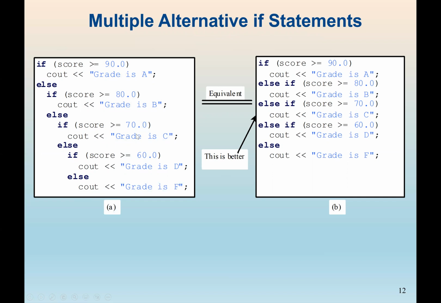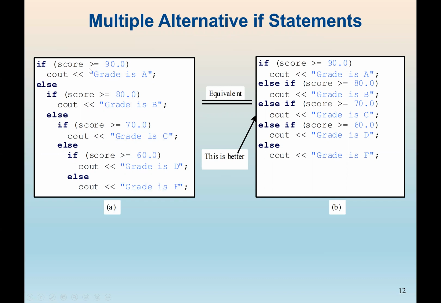So this is also the multiple alternative if statement. Now, if we have more than two conditions, for example, here we are talking about grade. The score grade can be A, B, C, D, F. So we have five categories.